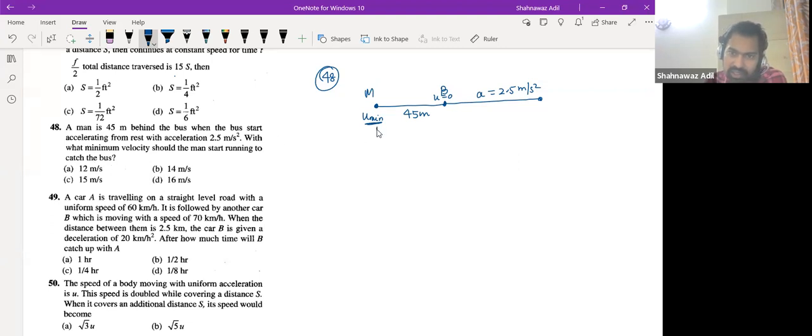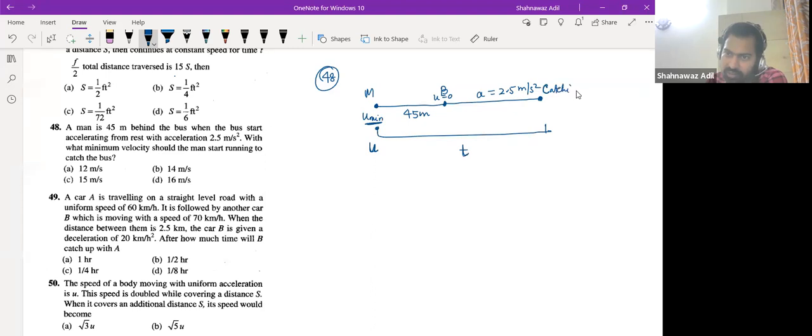So let's say that at this point the man catches the bus, right? So let's say that the man starts with u velocity, right? And at t time, it reaches this meeting point. So what should we call it? Catching point, right?